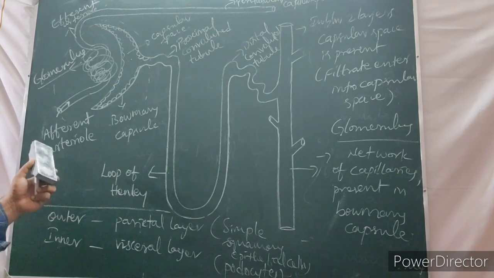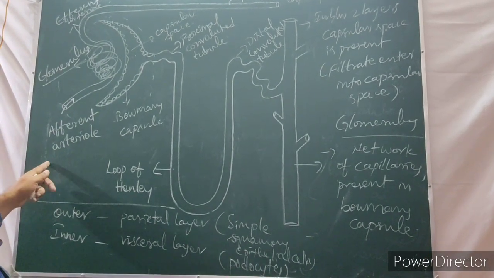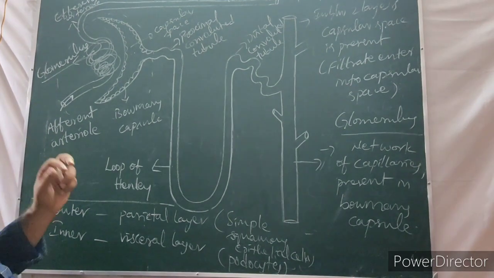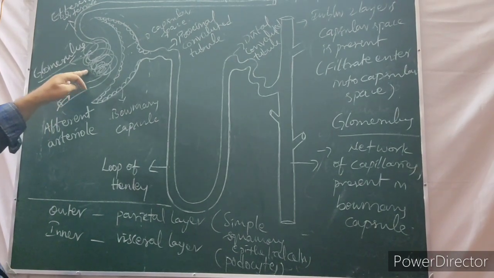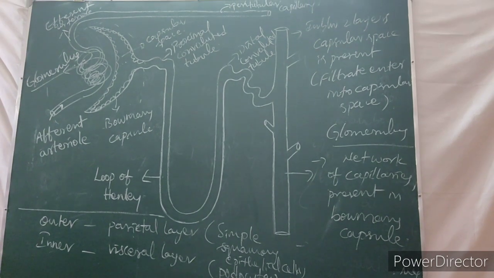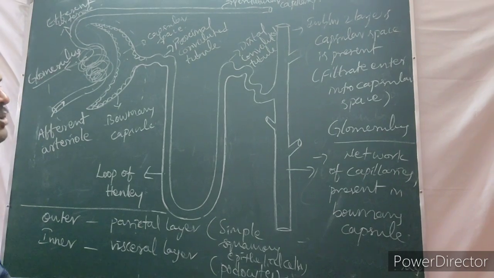The afferent arteriole is larger than the efferent arteriole based on diameter.